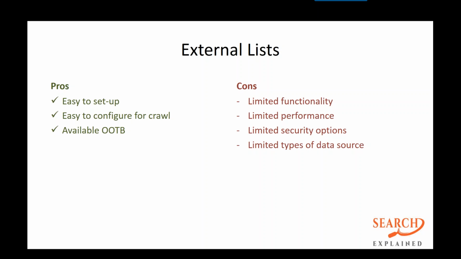And of course, the types of available data sources are also limited for business connectivity services. So I have connected to a SQL database. I can connect to a web service by using business connectivity services, but I cannot connect to an SAP database, for example, this way.